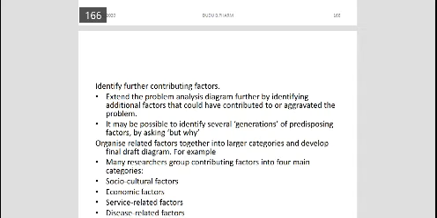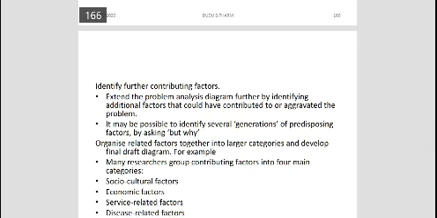So organize related factors together into larger categories and develop a final draft diagram. You have to organize those factors which are related into categories. If these 3 are related, put them together. If 10 are related, put them together.